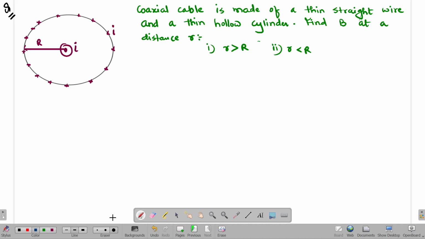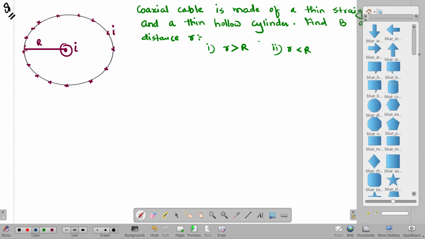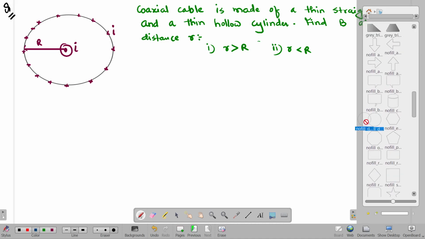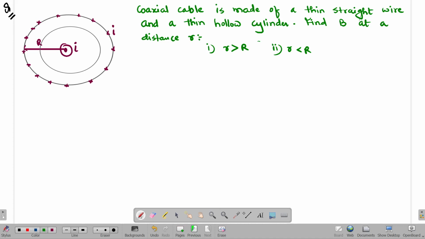One thing is damn sure, if I consider r less than R, what is the answer? Zero, because it is a hollow cylinder, not a solid cylinder. For this small r, if I apply Ampere circuital law, integral B dot dl is mu naught I enclosed.